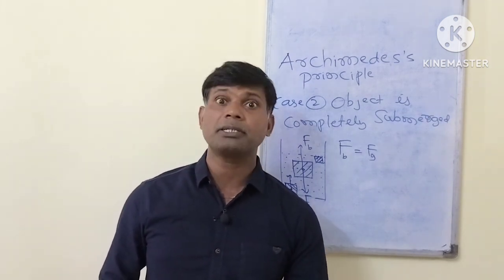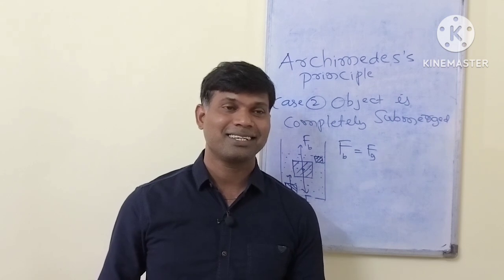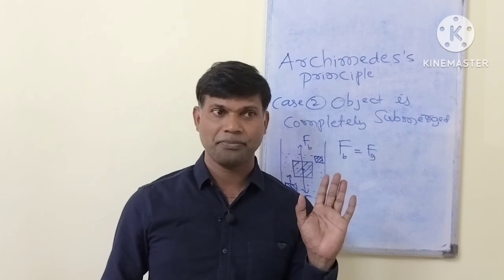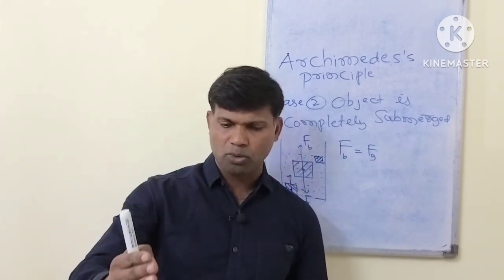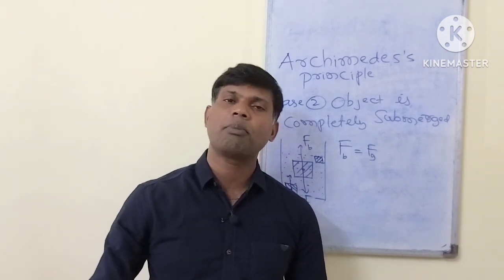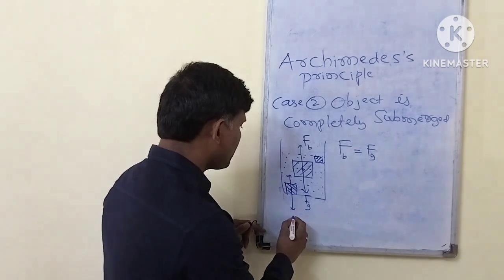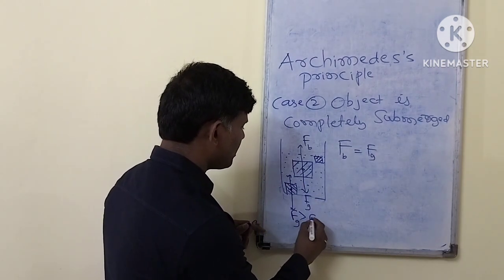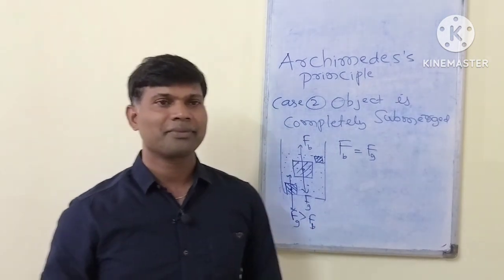It means the gravitational force is more than the buoyant force. That is one possibility. In front of your eyes, when you drop the object it goes down and settles at the bottom of the container. It means Fg is greater than Fb, because in front of your eyes that object is going downward.